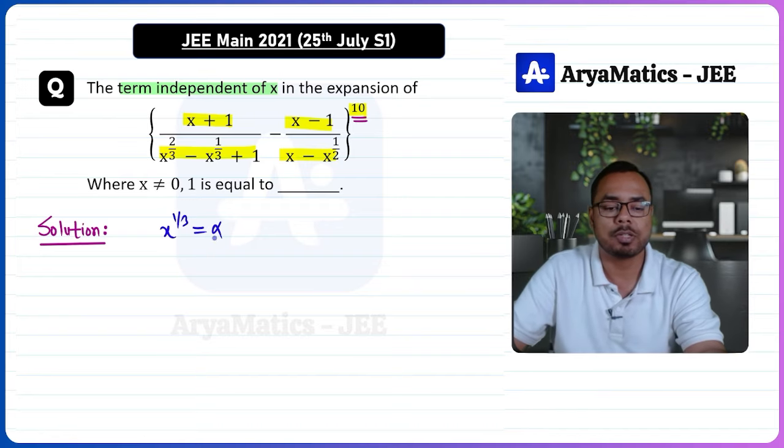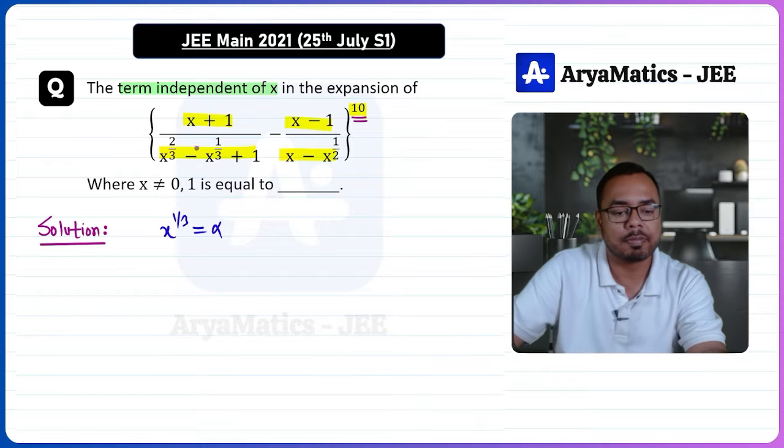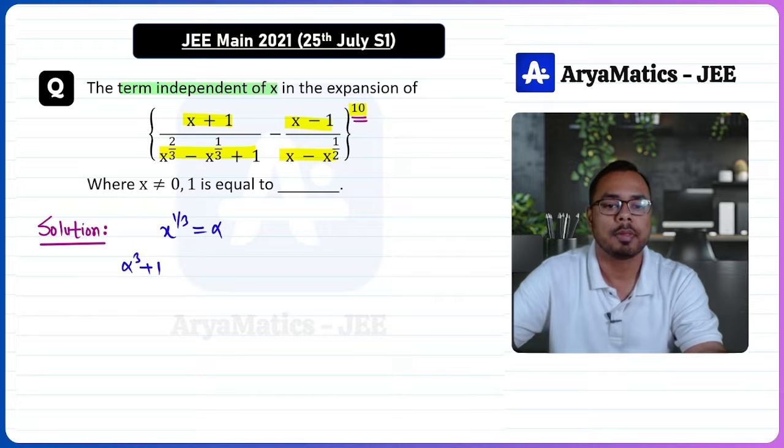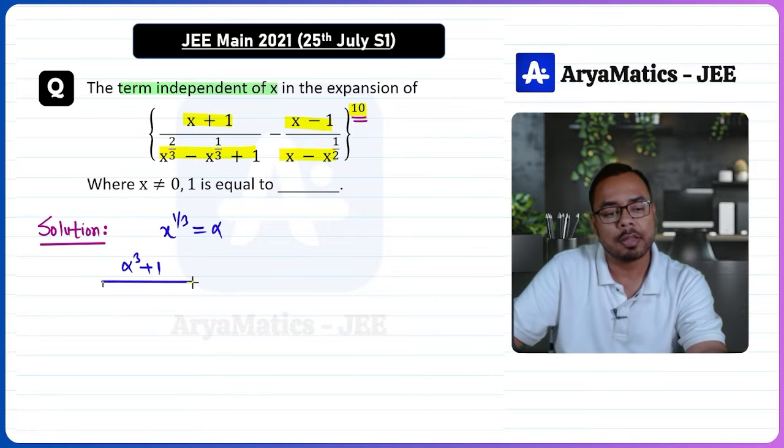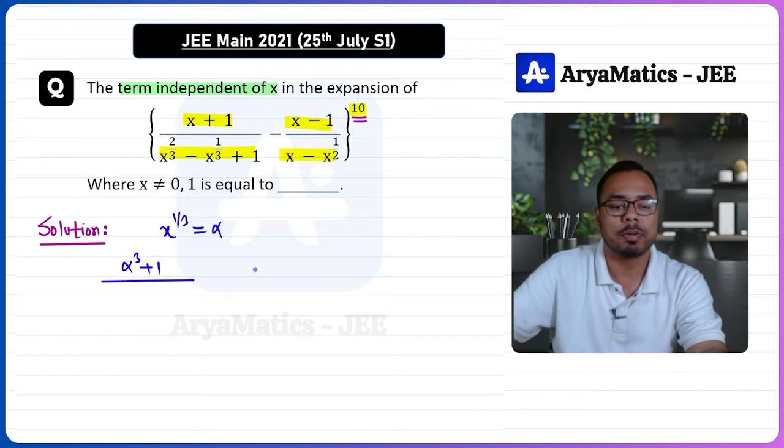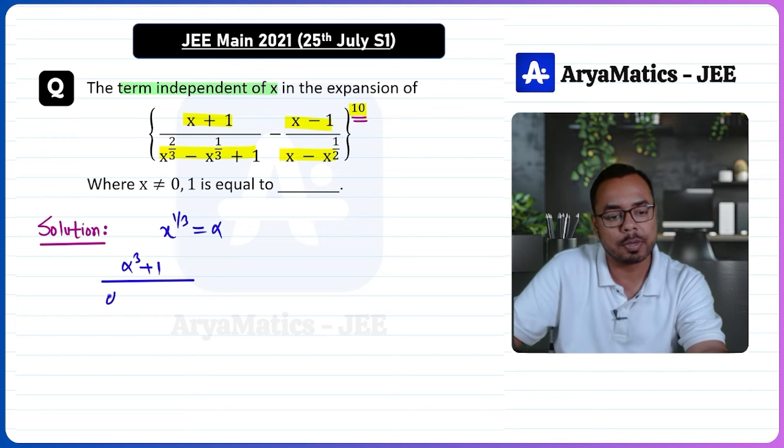Let us replace x raised to 1 by 3 with alpha. So this first term will be alpha cube plus 1, right? If we take x raised to 1 by 3 as alpha, then x will be alpha cube. So the numerator will be alpha cube plus 1. And in the denominator, we have alpha square minus alpha plus 1.